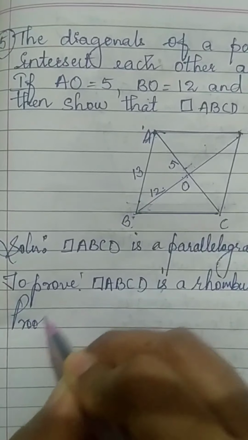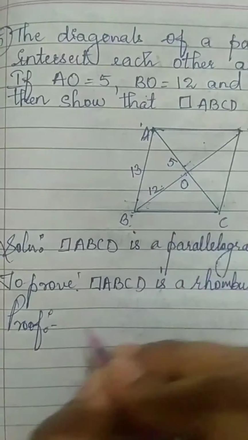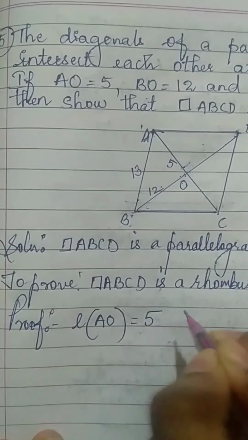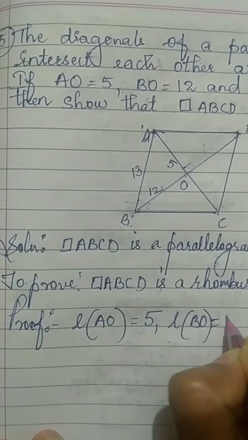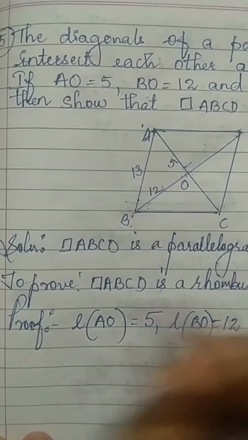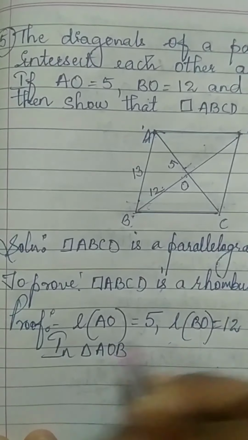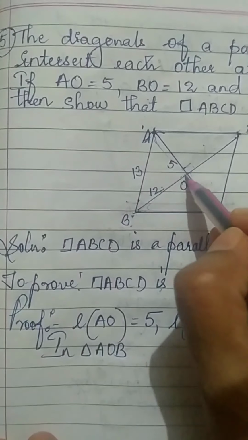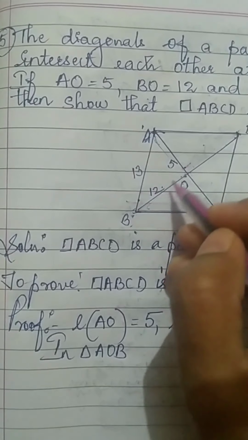So proof, let us write. The given things let us write. Length of AO is equal to 5. Length of BO is equal to 12. Now in triangle AOB, let me square the sides containing, means here I have to prove that it is a right angle triangle.